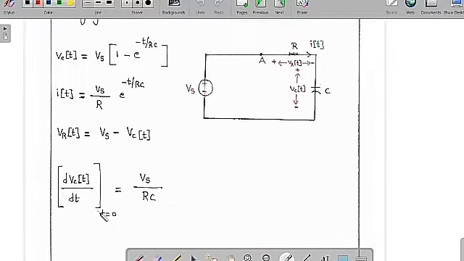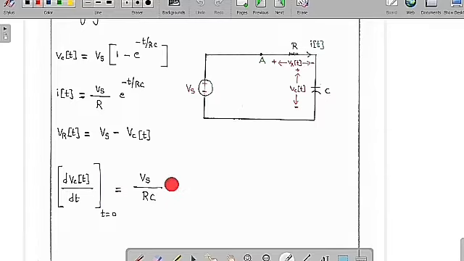Suppose you want to know the derivative of the voltage at t is equal to 0, meaning the rate of change of the capacitor voltage at t is equal to 0. If you take the derivative of this expression and substitute t is equal to 0, we are going to get Vs by RC. So Vs by RC is called the derivative of the capacitor voltage at t is equal to 0.